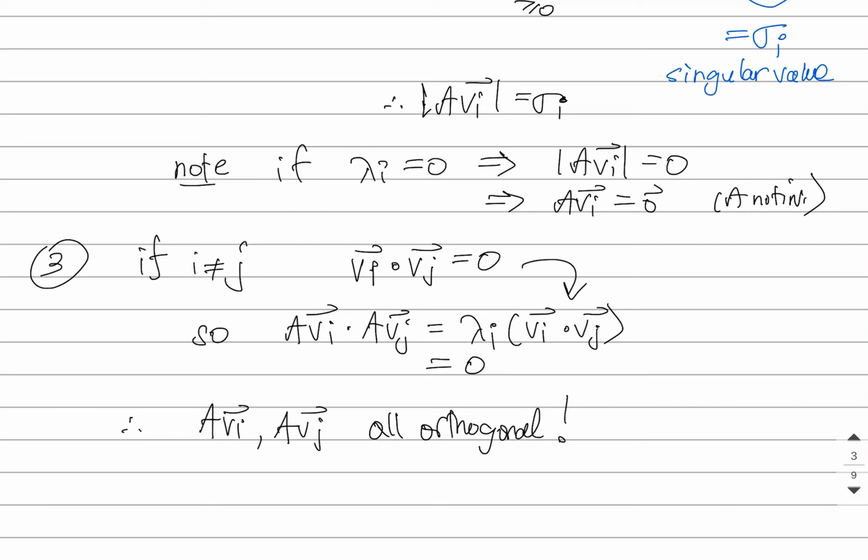So what we get is this set, AV1, AV2, all the way down to AVr. These are orthogonal. Actually, I shouldn't say Vr. It goes all the way down to the end, Vn, because we have a full set of vectors there.